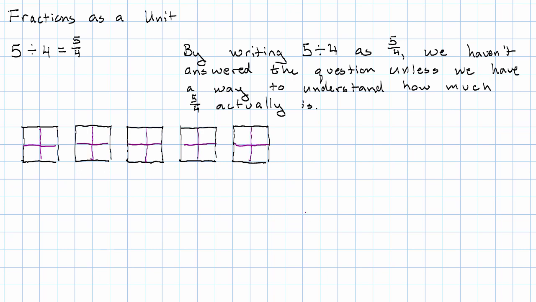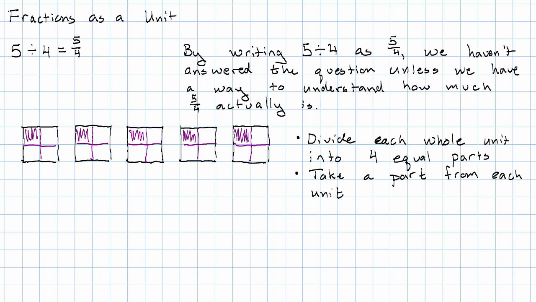And then there are several ways I could do this, but one way would be to take 1 part of each of my things. So one way to understand what we're doing is to divide each unit into 4 equal parts, and then to take a part from each unit.